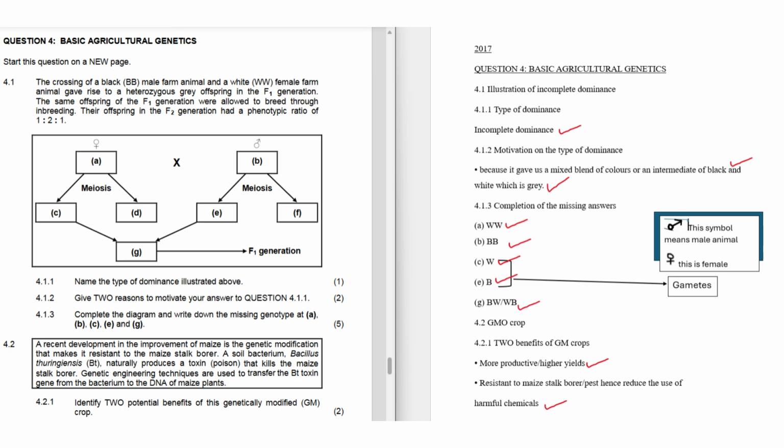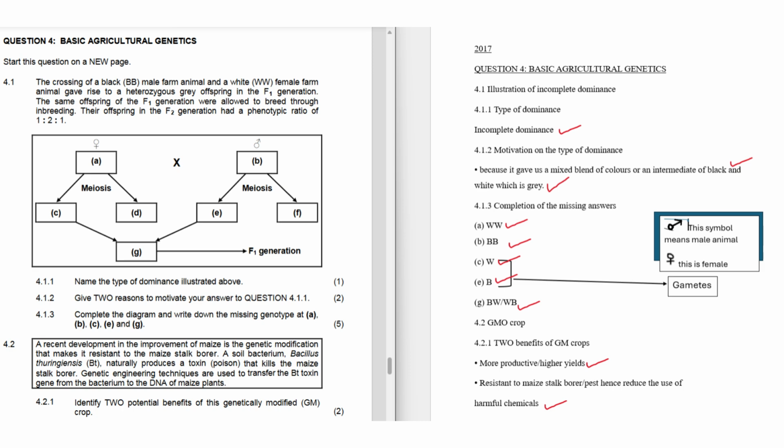4.1.2, give 2 reasons to motivate your answer to question 4.1.1. Two dominant alleles get to express themselves in the genotype, and as a result, we get a mixed blend.